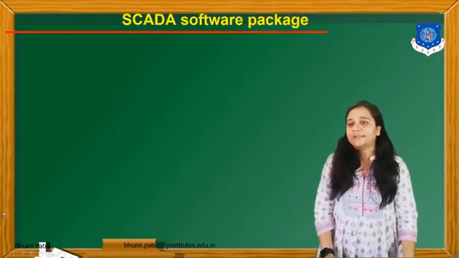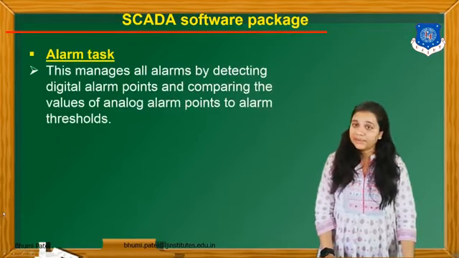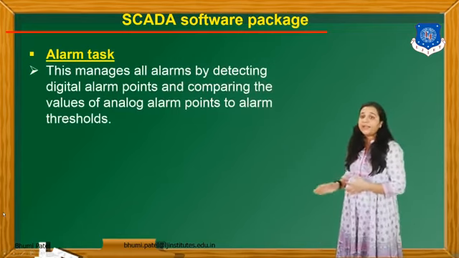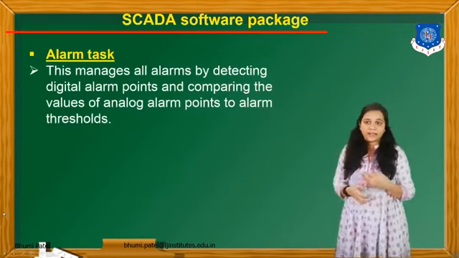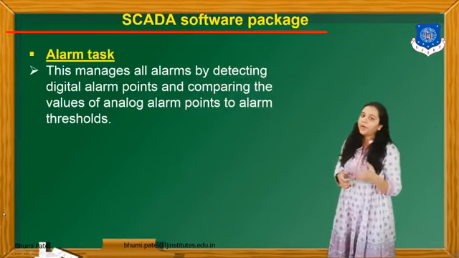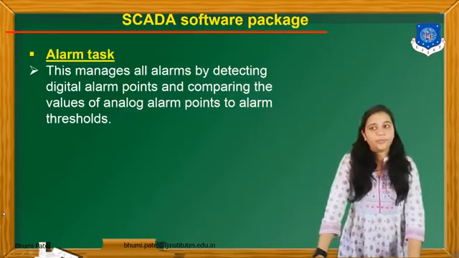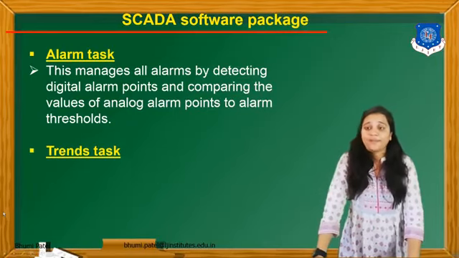Now the next task is the alarm task. This manages all alarms by detecting the digital alarm points and comparing the value of the analog alarm points to the alarm threshold. The third one is the trend task.